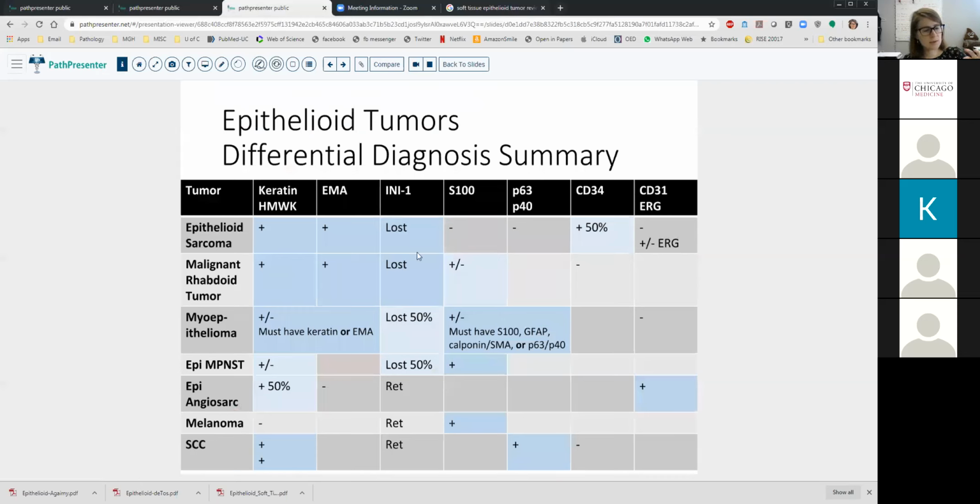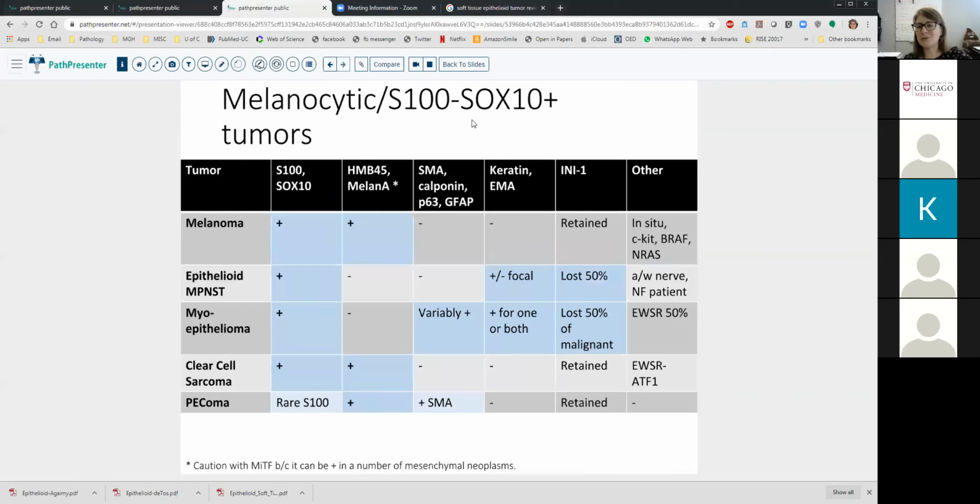Sorry, I'm going to go back to Ben's question now. Here's an S100 SOX10 positive tumor having lost the melanocytic markers.